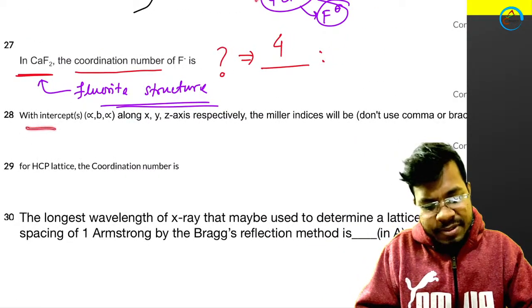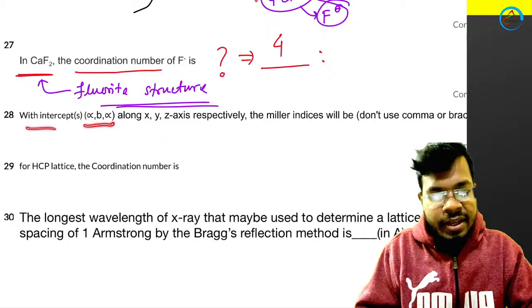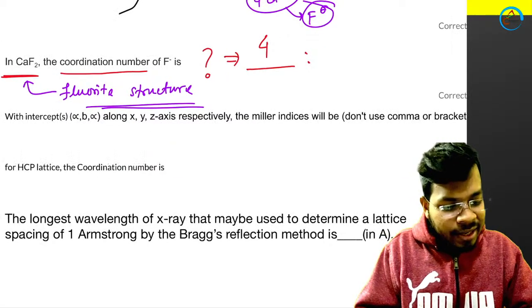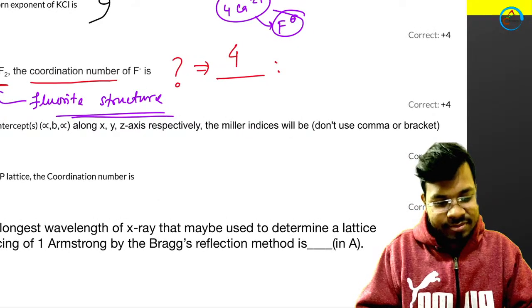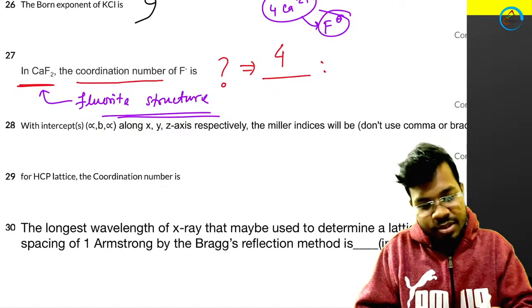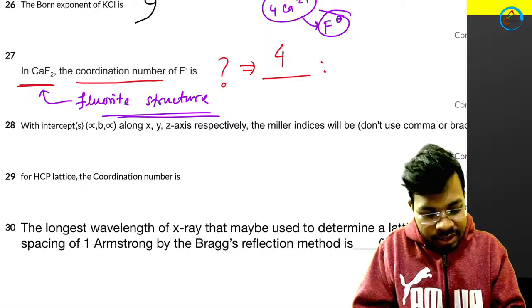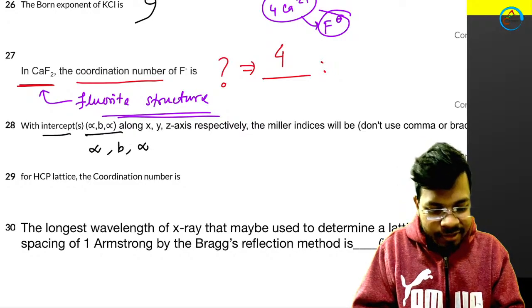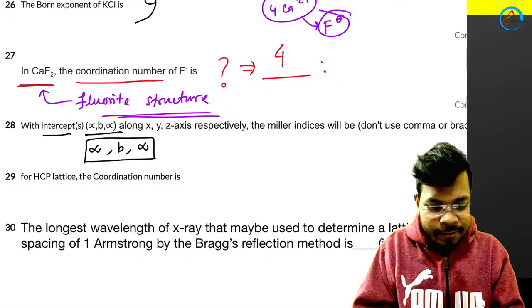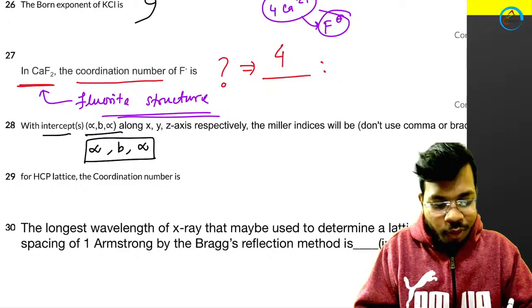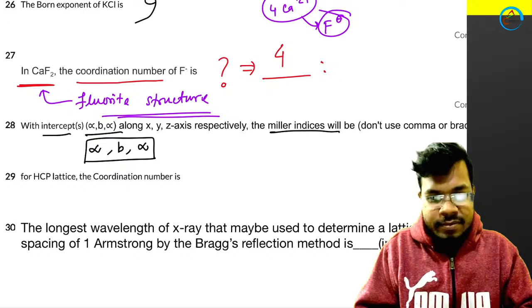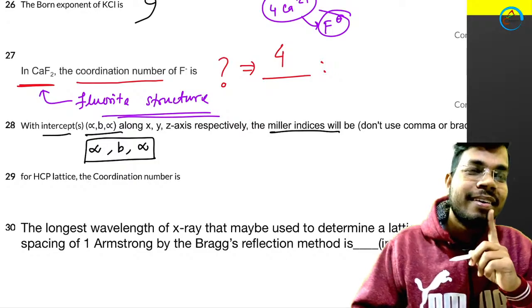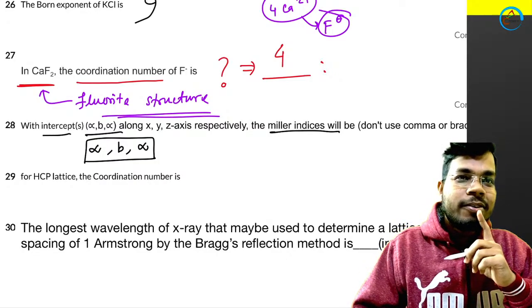With the intercepts infinity a, b, infinity c along the x, y and z axes respectively, what will be the Miller indices?